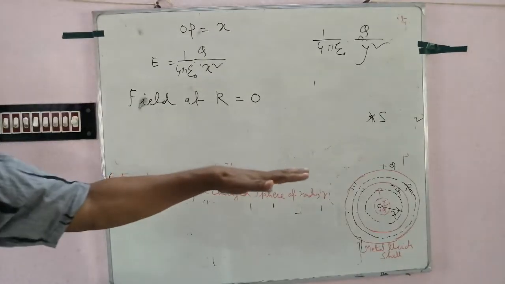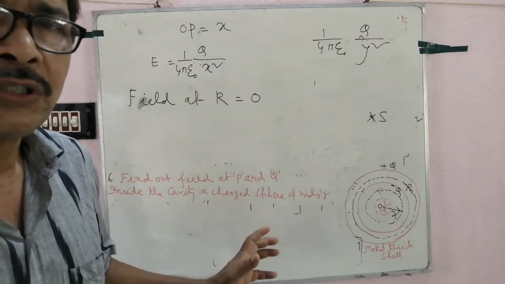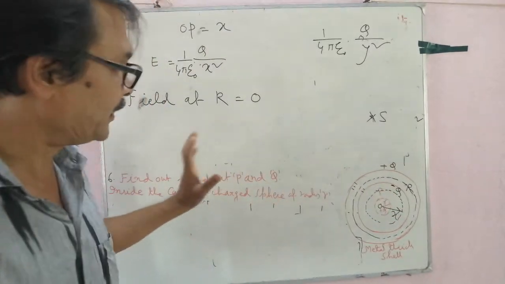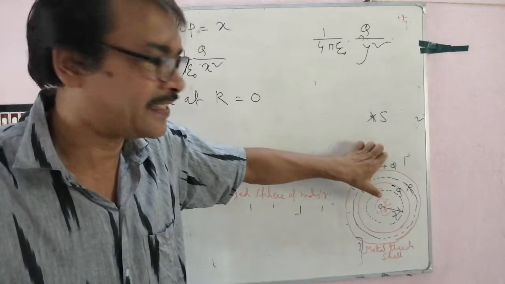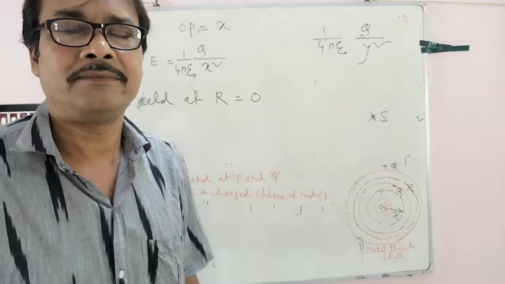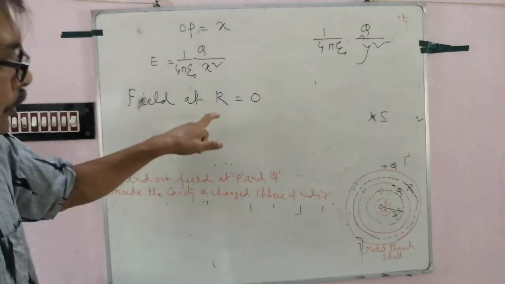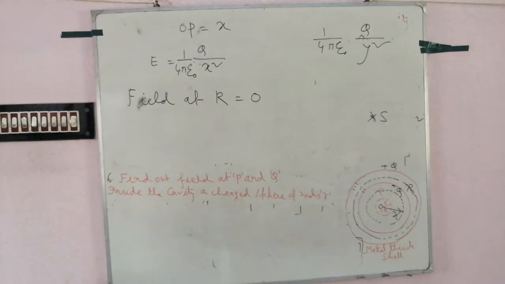So from this problem we get the basic idea of the application of Gauss's theorem. In short, in this type of question, a thick metallic shell, the field in the metallic region will be 0. Clear? Next question.